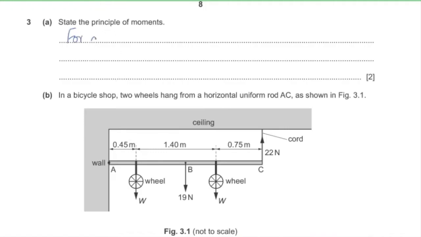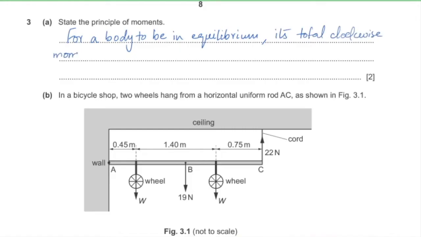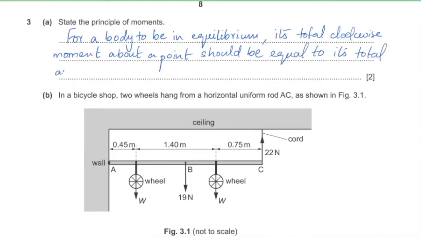Question number 3, part A, state the principle of moments. So for this, I can write that for a body to be in equilibrium, its total clockwise moment about a point should be equal to its total anti-clockwise moment about the same point.